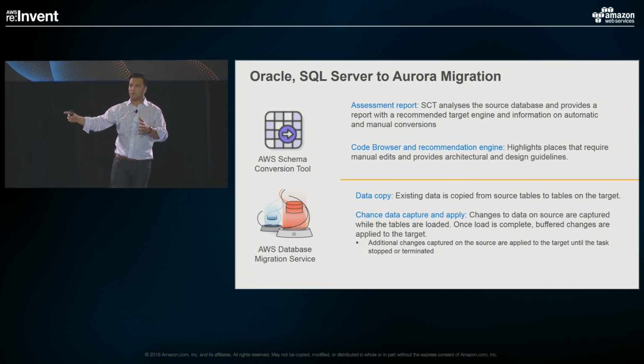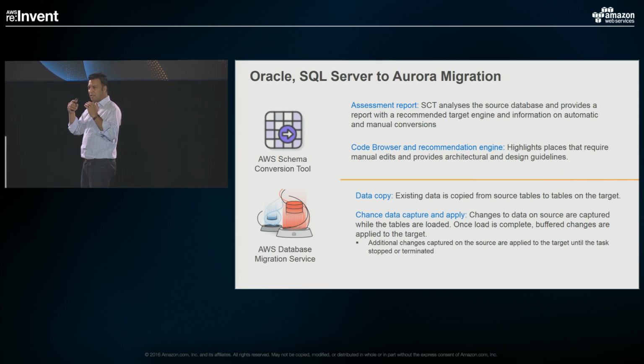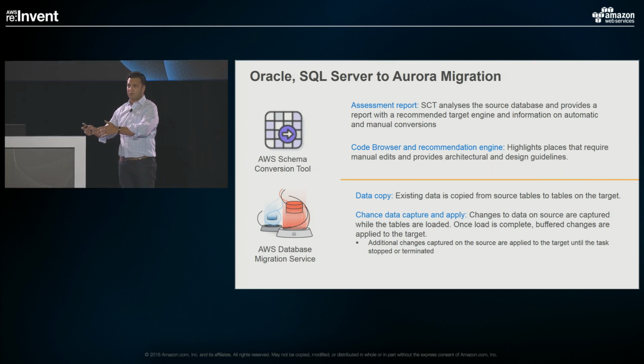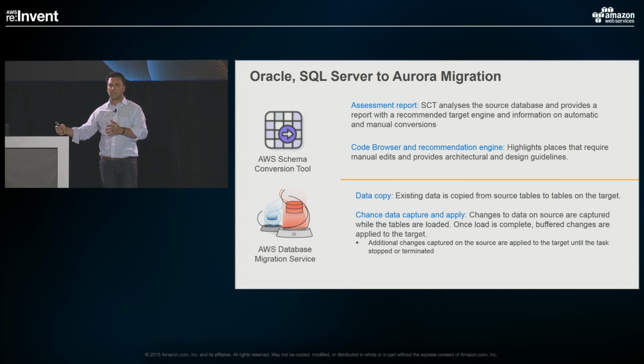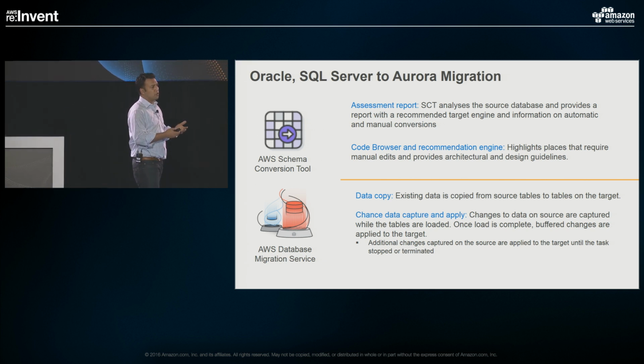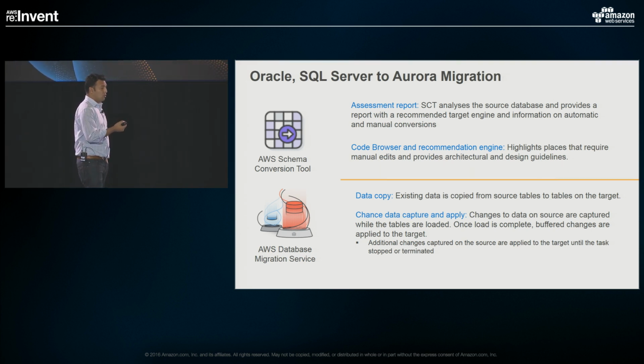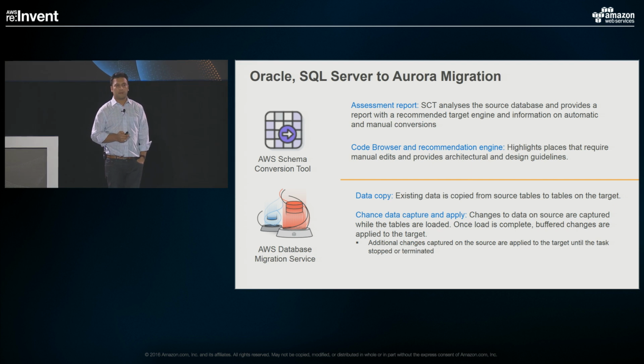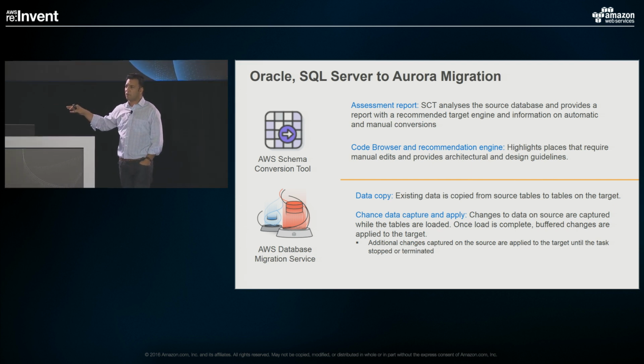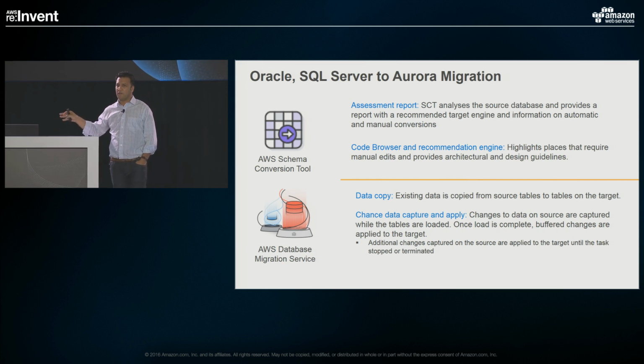I'll set up replication from Oracle to Aurora, and then I'll test Aurora in parallel, right? So I'm testing my database on live data, on the latest data, and after a month, if I feel comfortable, I can just stop the replication and point my applications to Amazon Aurora. Of course, your application may need to change because you're changing your database platform. But this tool makes it really easy for you to do this. If you're interested in these tools, there is a deep dive talk tomorrow on this, so definitely check that out.